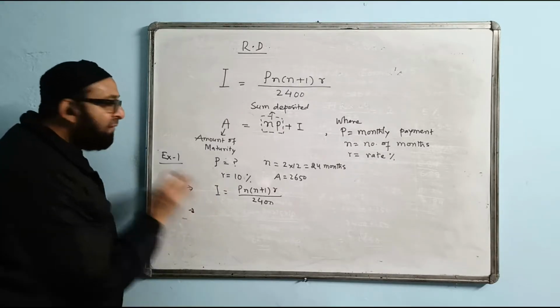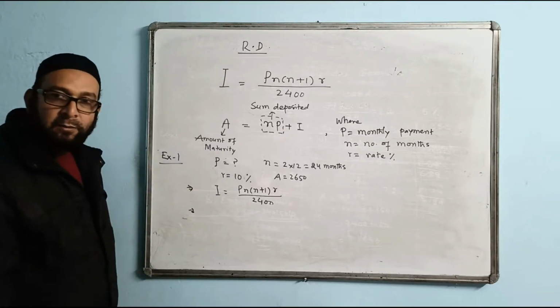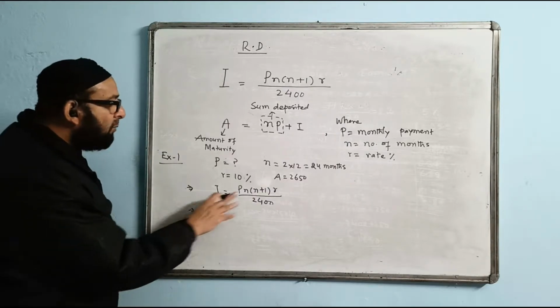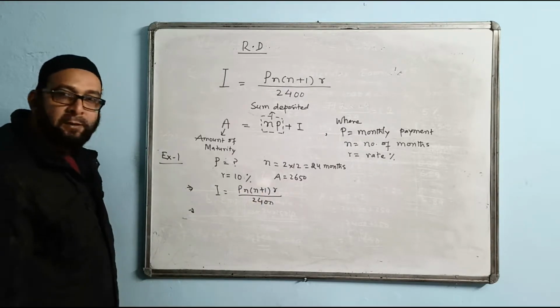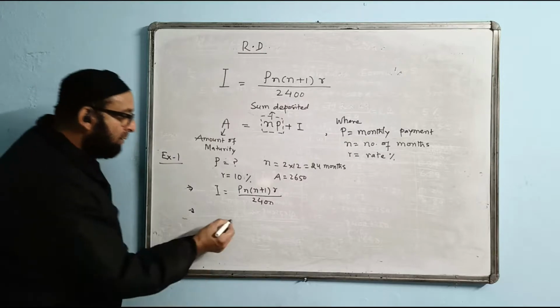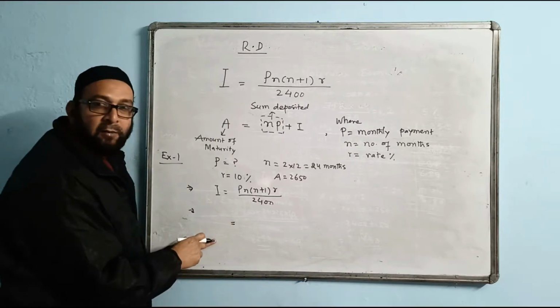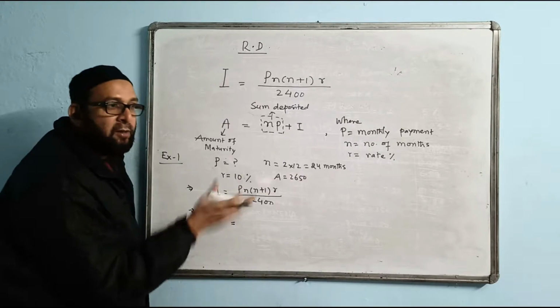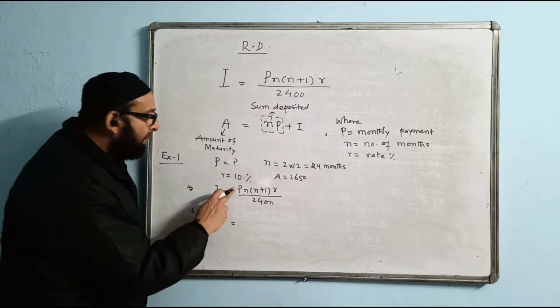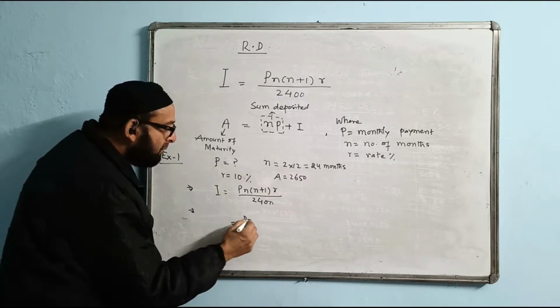Now first you write the formula of interest. Do it part wise, then it will be easier. I is equal to P n (n plus 1) R by 2400. Do it slowly, part wise, then the answer comes. You make an equation and find the value of P. P is unknown, keep P as it is.